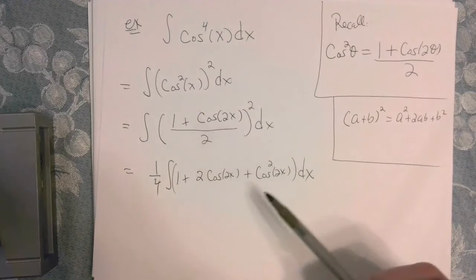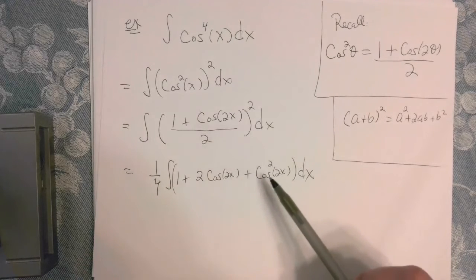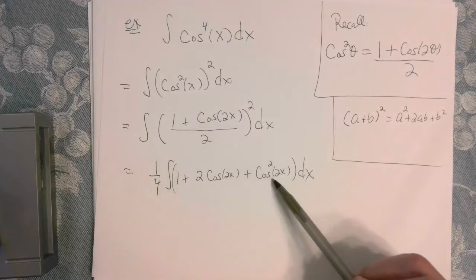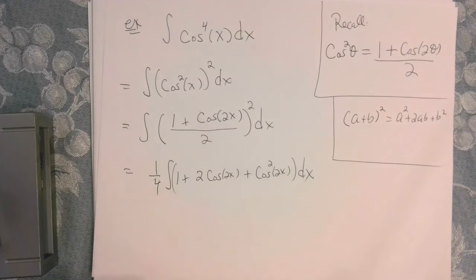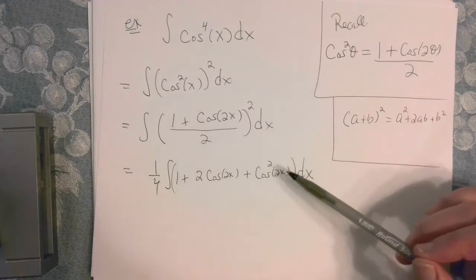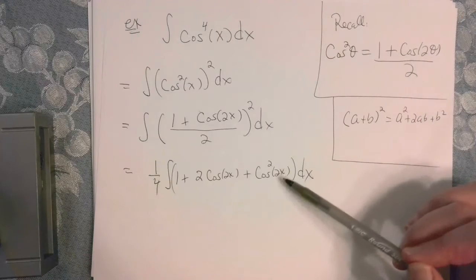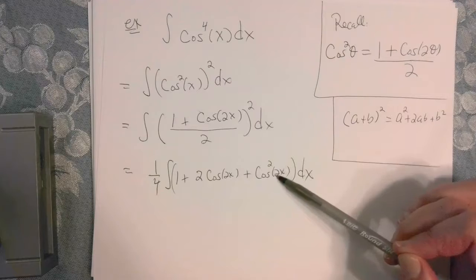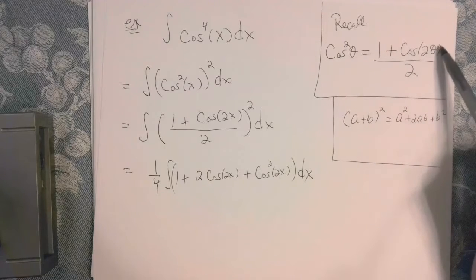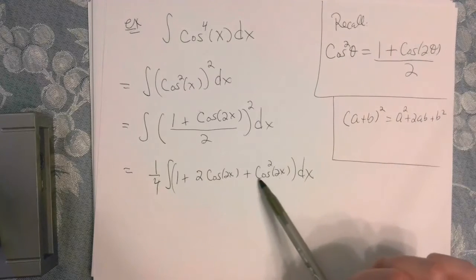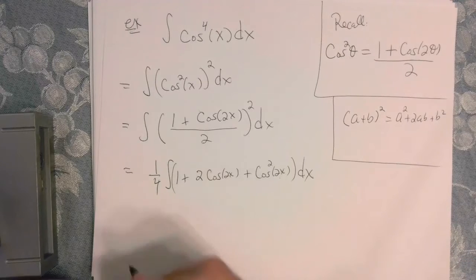But what do we notice? We have a term with a purely even power right here. That means we have to use another power reducing formula. Well, in this case, what's playing the role of theta? If I look here at my formula, what's playing the role of theta is exactly 2x. So if I plug 2x in here and I plug it in here, then I'll have a relevant formula for this.